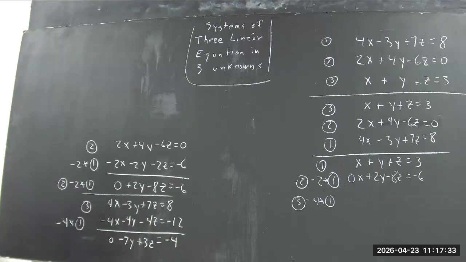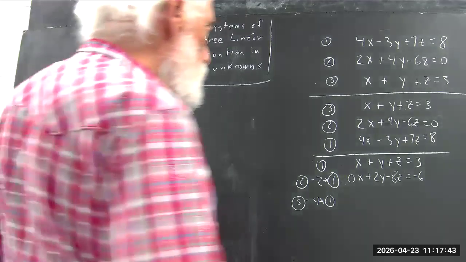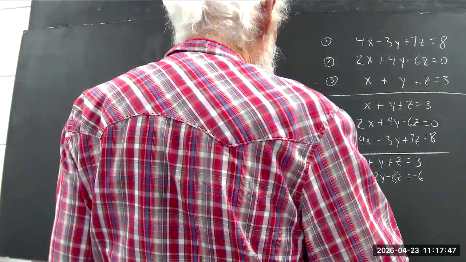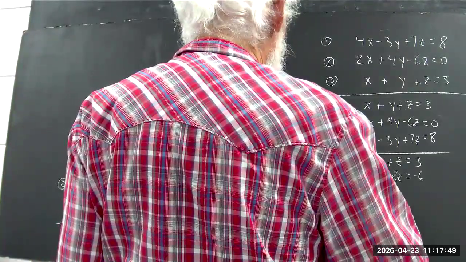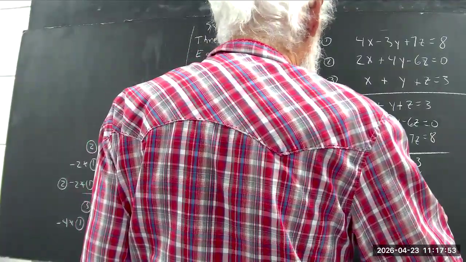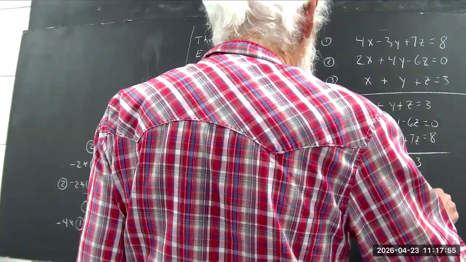Now, this is very similar to what you did with two equations and two unknowns. It's just that you have more variables to eliminate, okay? So we eliminate all the x's and we get 0x minus 7y plus 3z equals negative 4.